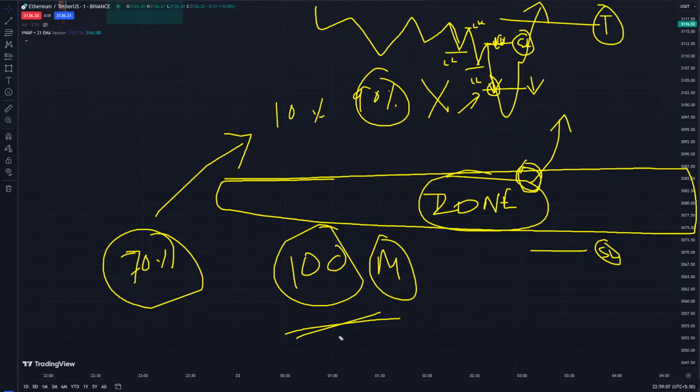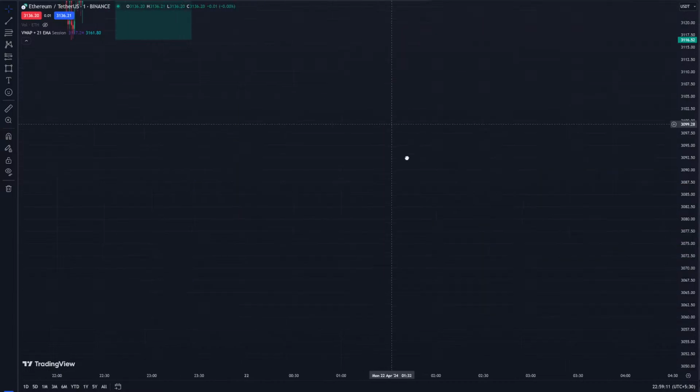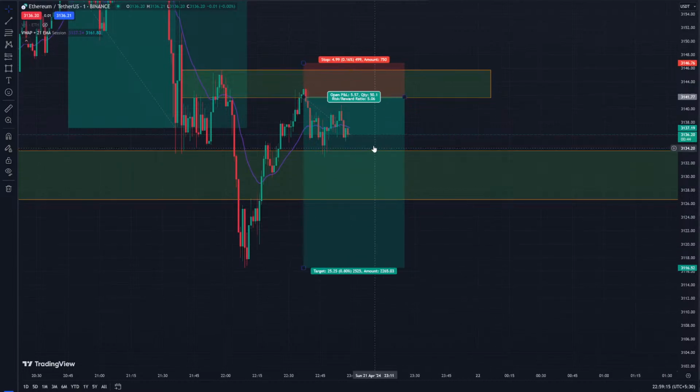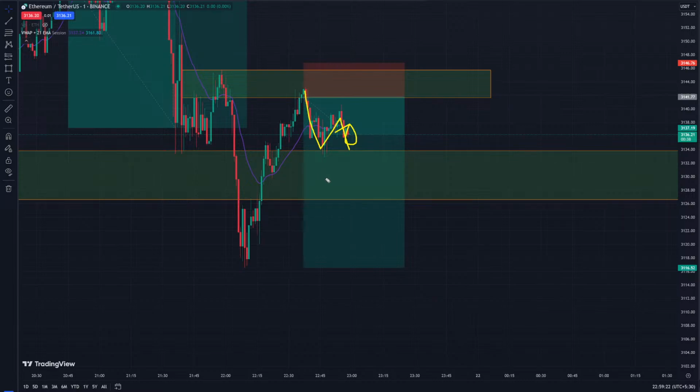Now let us see what happened to our trade. You can see our trade is currently stagnant. It is not moving upside or downside.